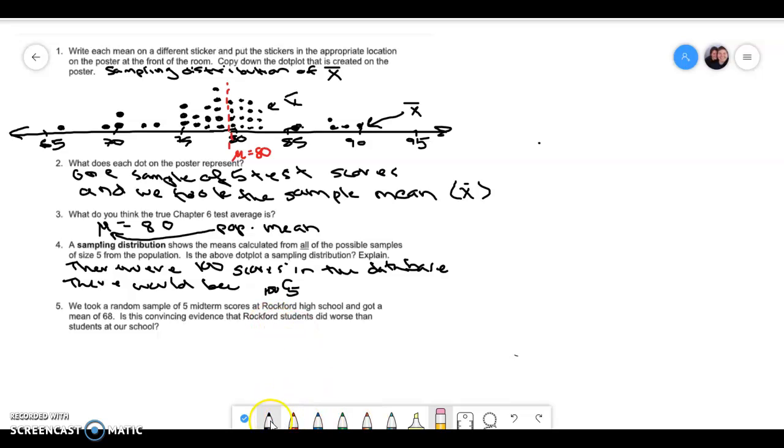There would be 75 million plus possibilities. So that's how many total samples that I should have. I only have 40. So I only have 40 dots. So no, not a complete distribution.